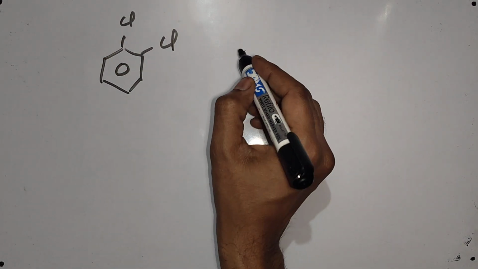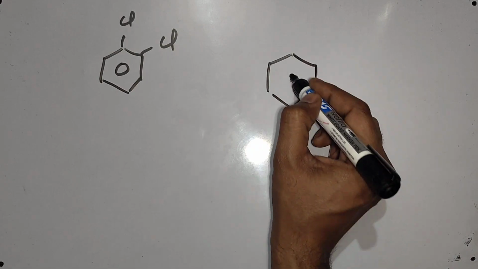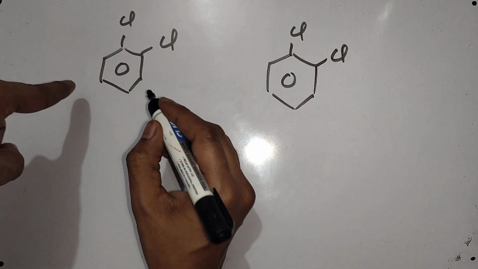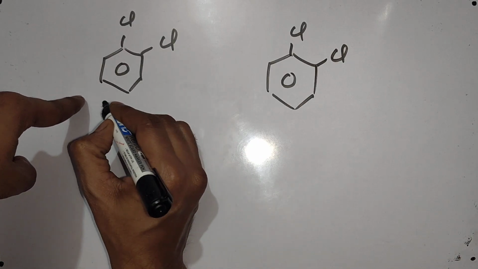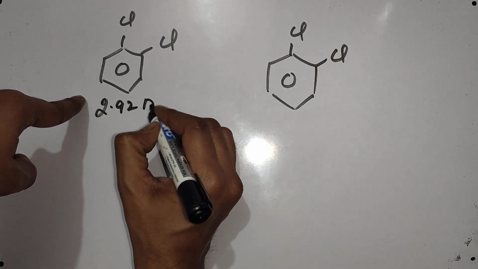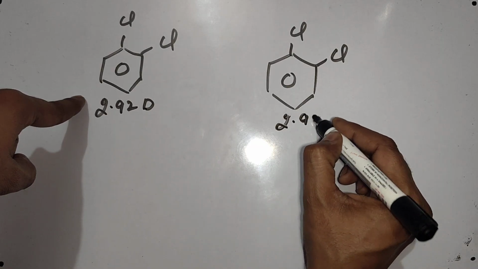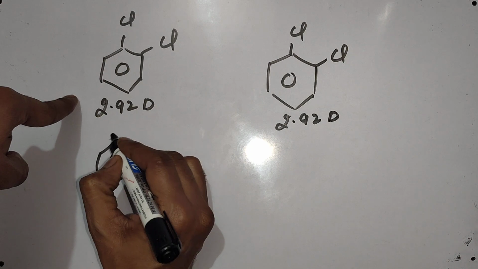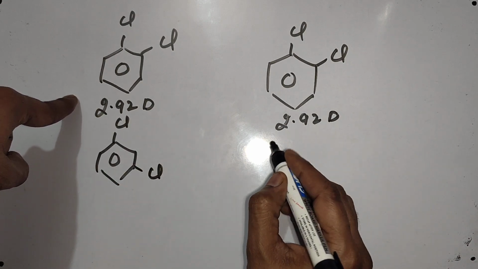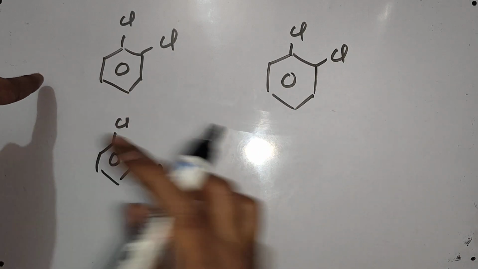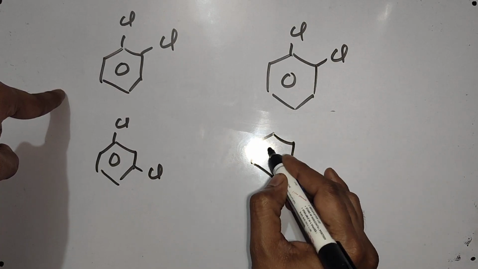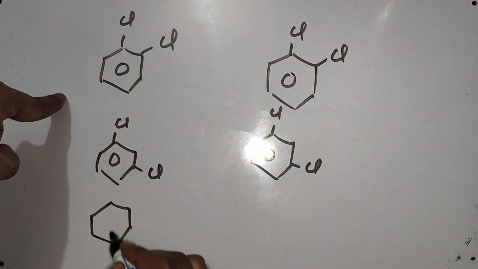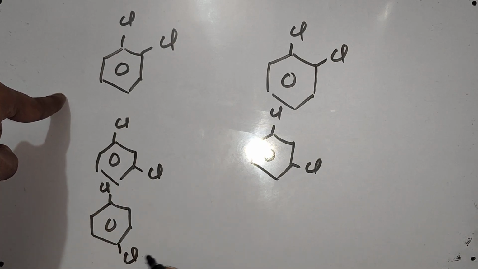This is ortho dichlorobenzene and this is the second particle of ortho dichlorobenzene. In the previous video, I found the value of the overall dipole moment is 2.92 D. This also has 2.92 D. Okay. So side by side I am writing meta so we can compare, meta particle, and also I am going to write para particle.